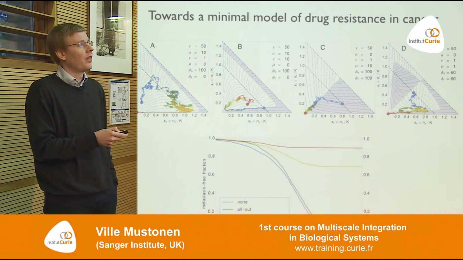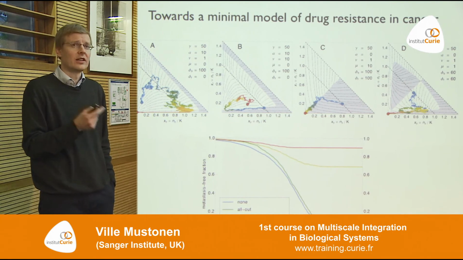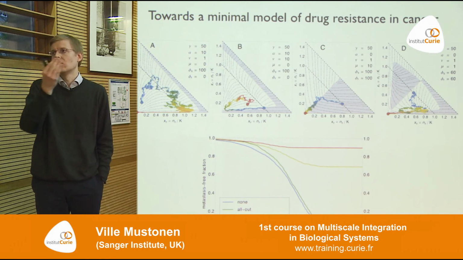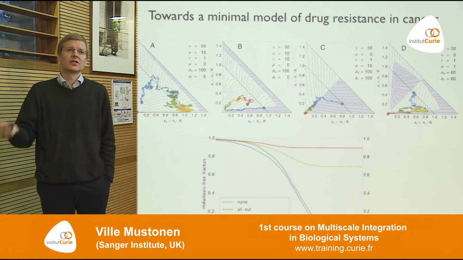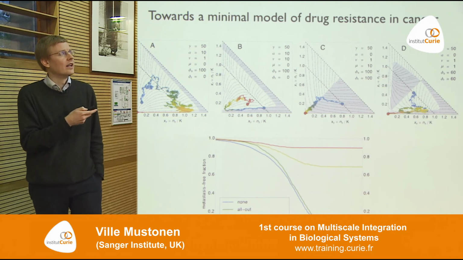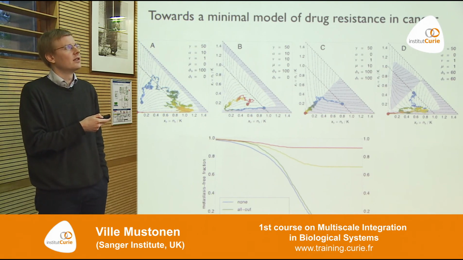And the all-out chemotherapy is not doing much better. There is a metronome therapy. It's something where you use a time-dependent protocol, but you don't derive feedback from the system. So you just decide from the outset, this is what I will do. And what we have done here to compare is we have optimized the best values for those switching times, and that therapy is doing quite well for this simple system.